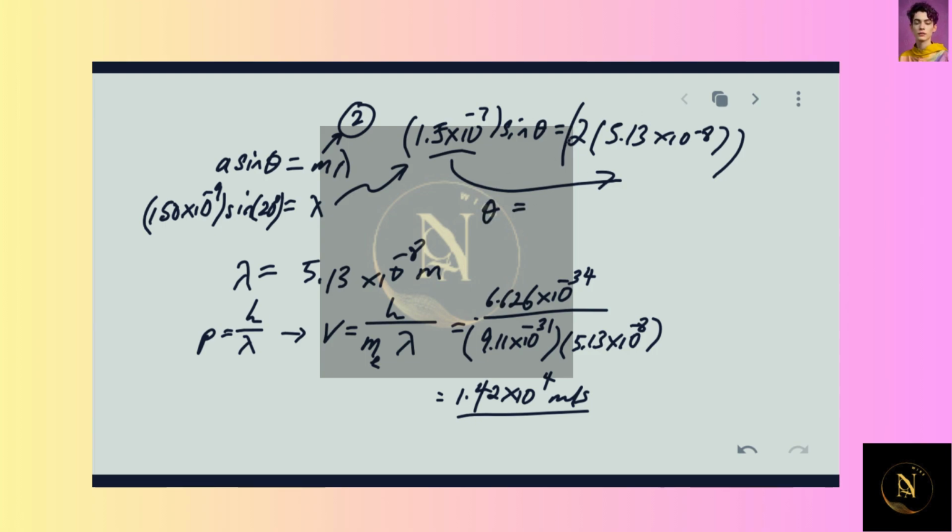It should be around 43.2 degrees. And since it can occur on either side of the central maximum, the angle can be plus or minus 43.2 degrees.